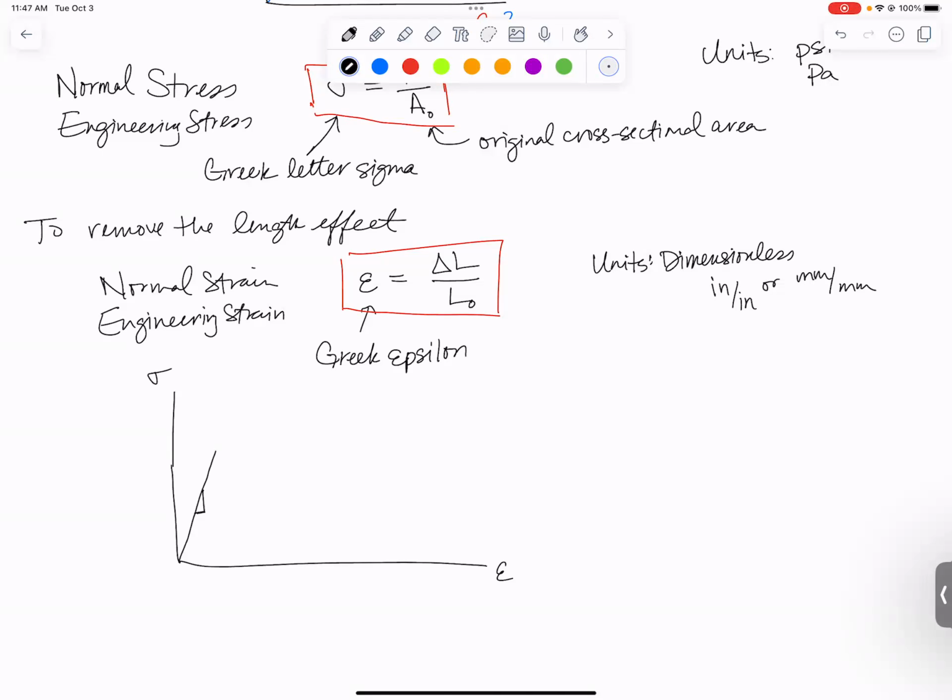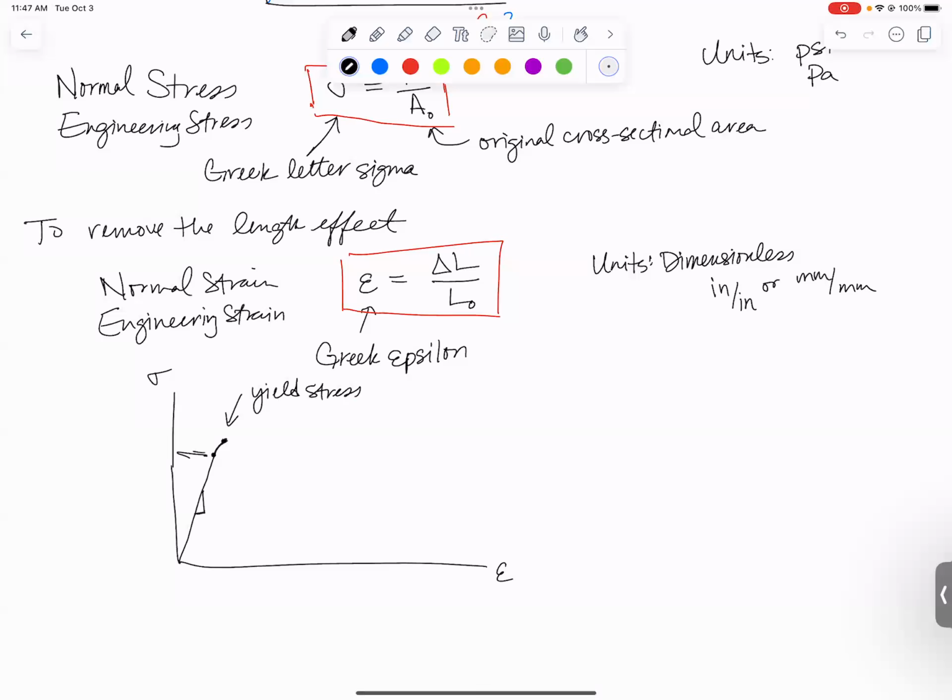What happens after that is you usually start departing from proportionality just a little bit. You can call that the proportional limit. And then we have a point that's called the elastic limit, i.e. the yield stress. I'm going to put it right here. We're going to use this one a bit more later in the class.